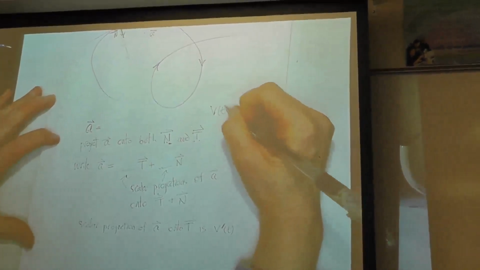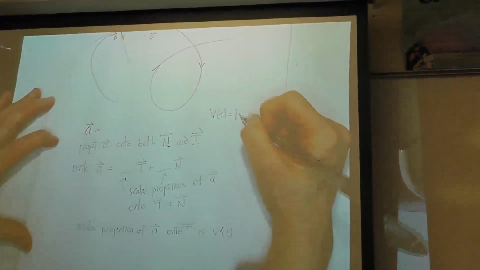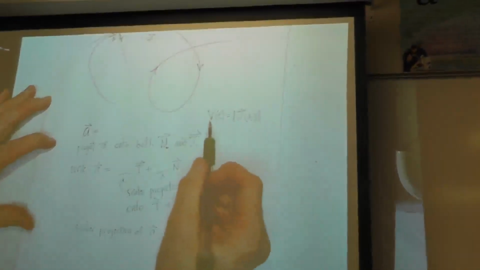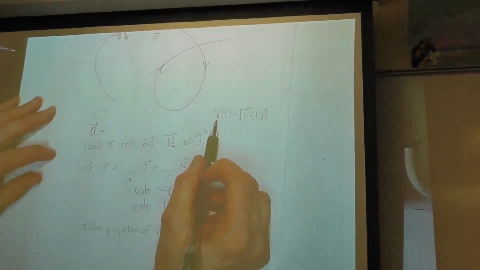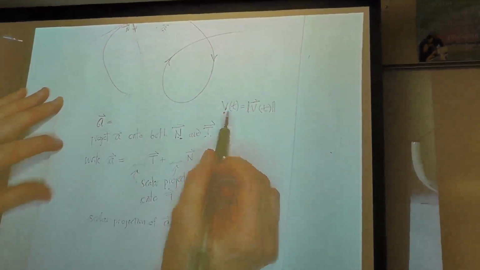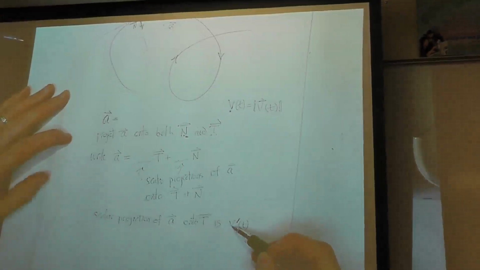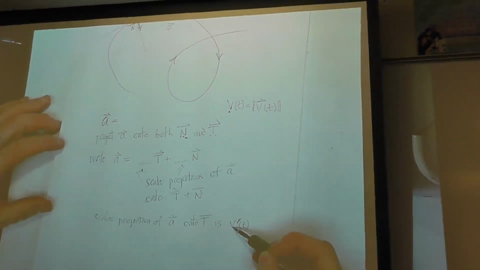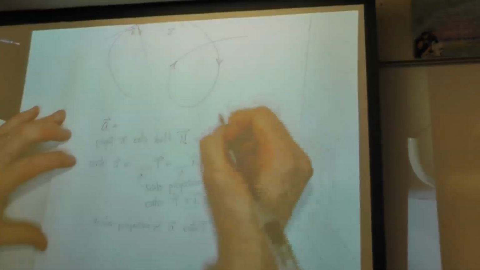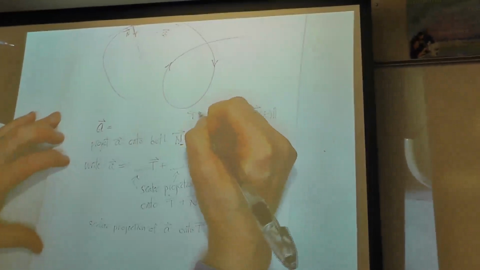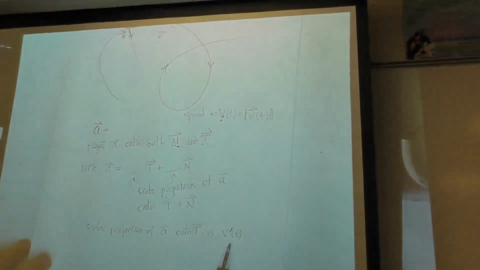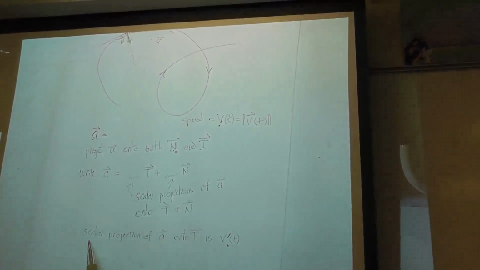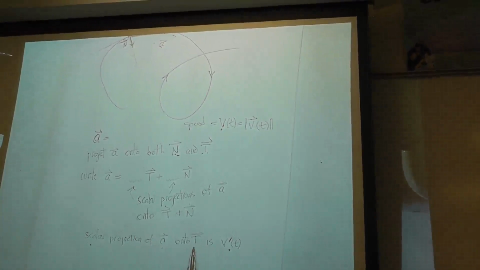V of T is the magnitude of the velocity. Magnitude is a scalar. This is the derivative of that. Okay? So, V of T is speed. We end up with V prime being the scalar projection of A onto T.